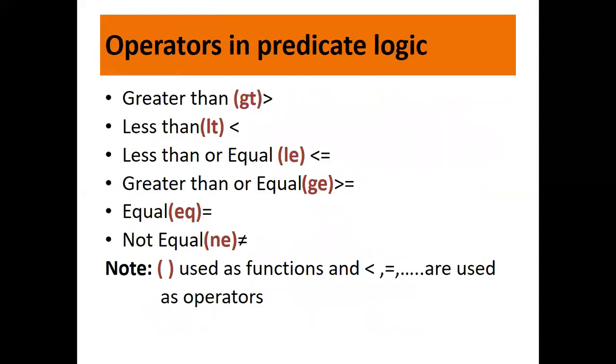Now, what are the operators in predicate logic? We have greater than, less than, equal to, greater than or equal to, not equal to. What is given in round brackets is used as functions and these are used as operators. When we look at the queries further, the statements will be clearer.